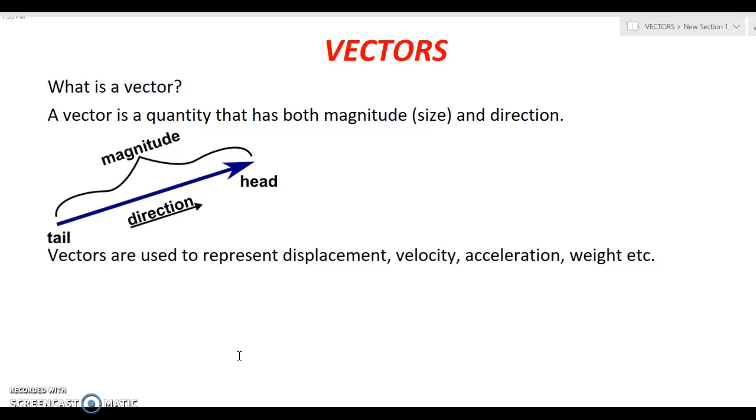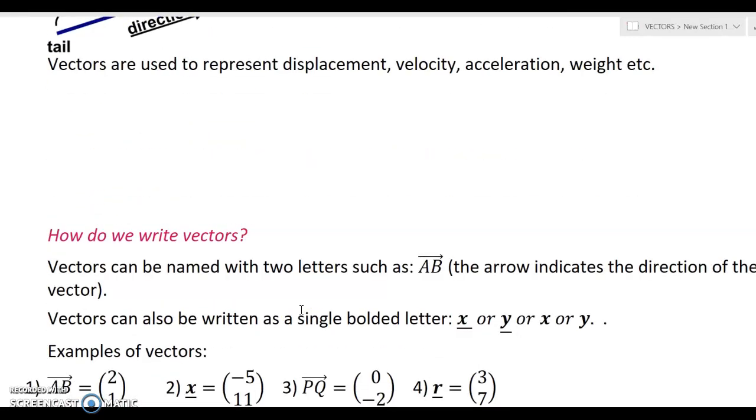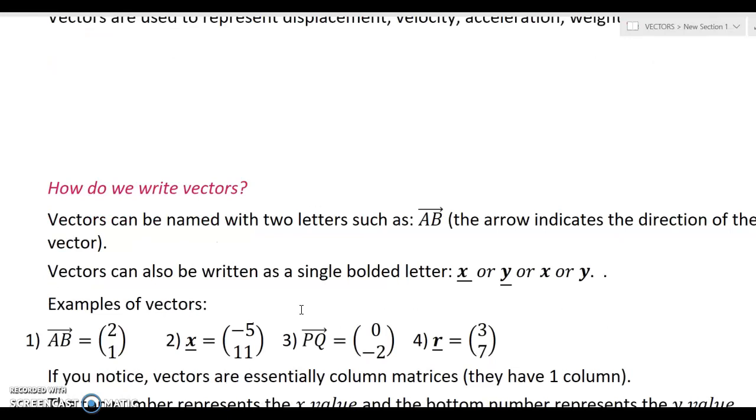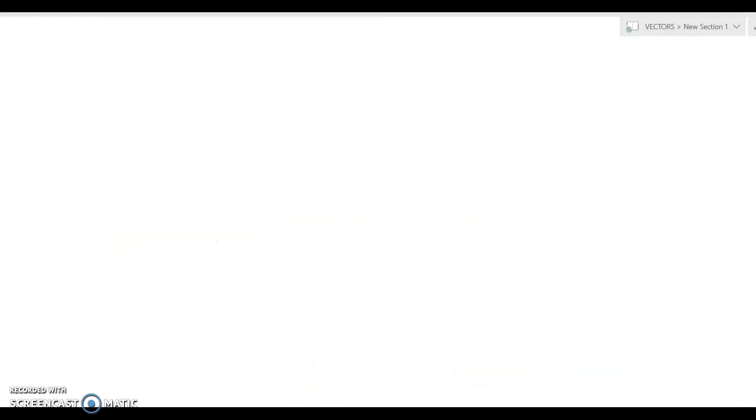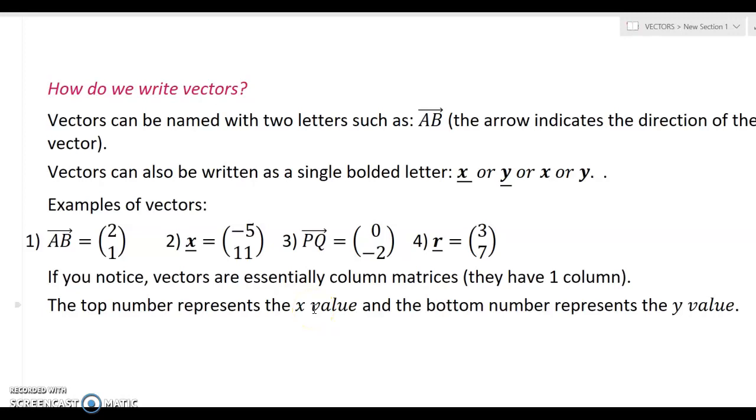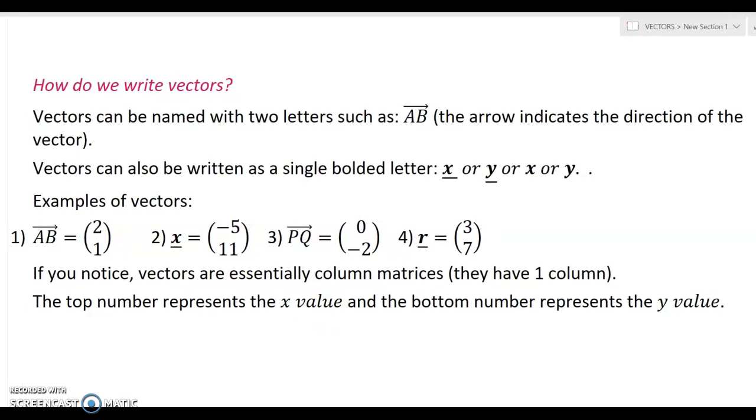Now we're going to look at the mathematical part in vectors. So how do we write vectors? Vectors can be named using two letters. For example, we can have vector AB like what I have here. You write A and B with the line at the top, right?